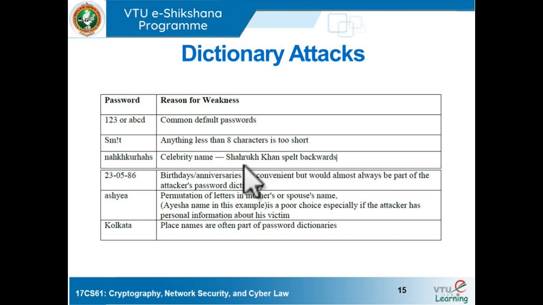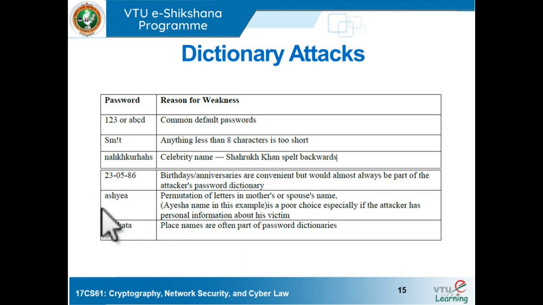Another type of password which people usually use is their birthdays, anniversary or days of some significance. If an attacker knows you in person, he will easily be able to guess these passwords and try to induce an attack.